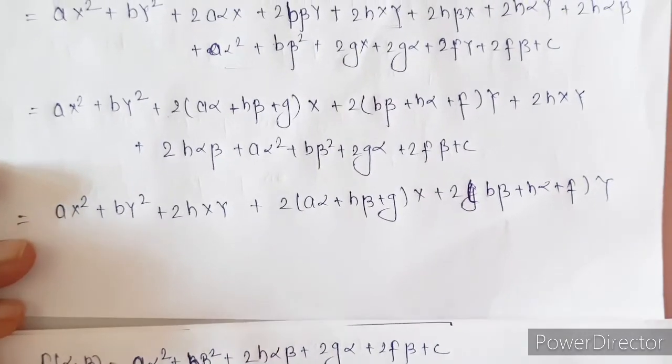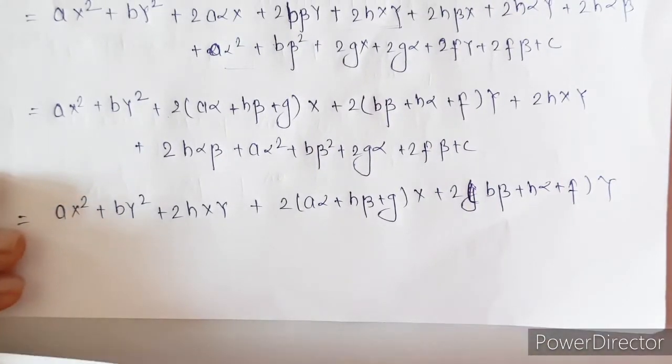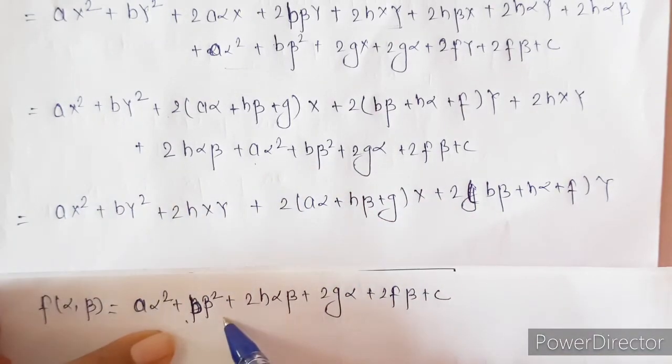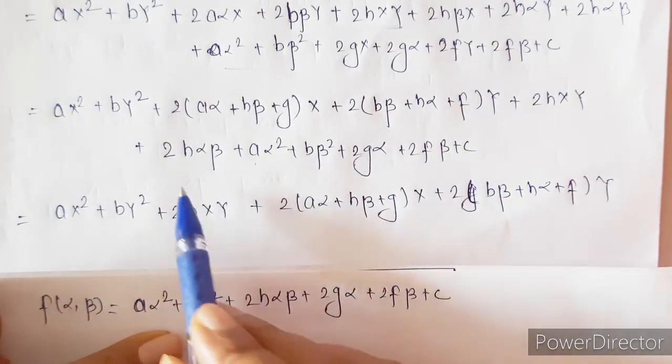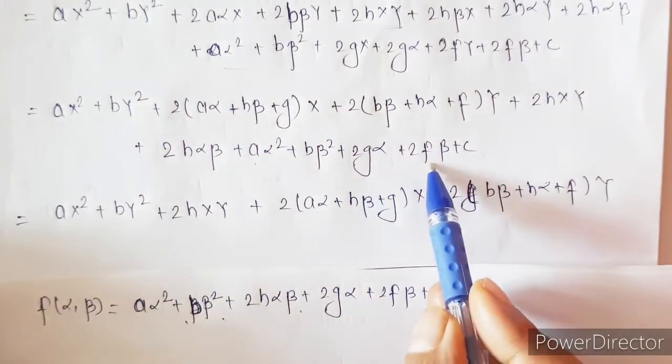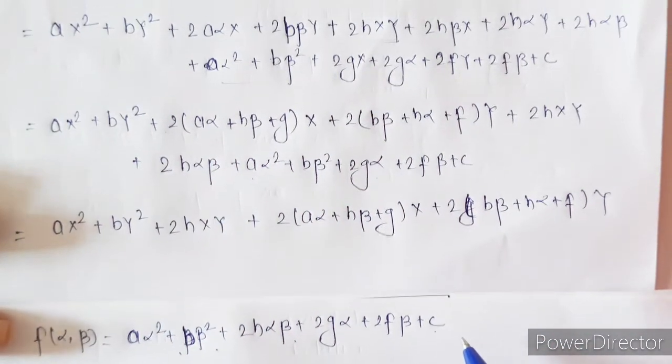Okay. Now coming back to this point, just look at this part. We have aα², bβ², 2hαβ is here. Then we have 2gα, 2fβ plus c, right?